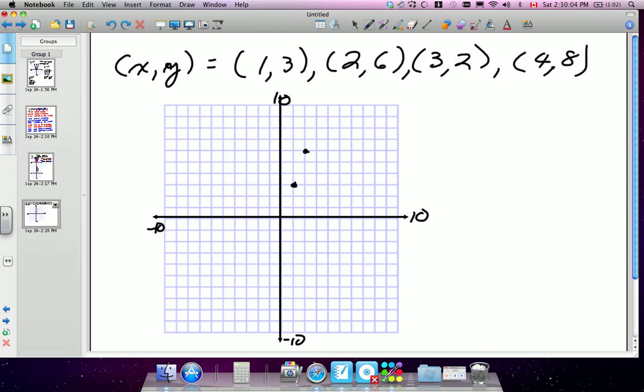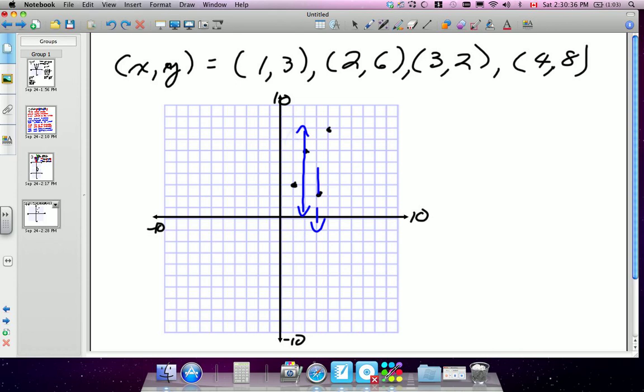Now, have you talked about whether something is or is not a function yet? Have you heard of a vertical line test? Basically, see how many points are on the line. Exactly. So if I draw a straight line up and down, does this touch more than 1 point? No. What about a vertical line here? No. And what about this one?